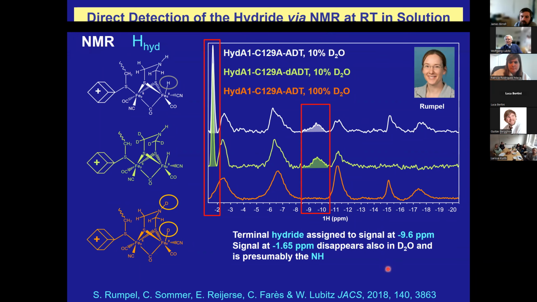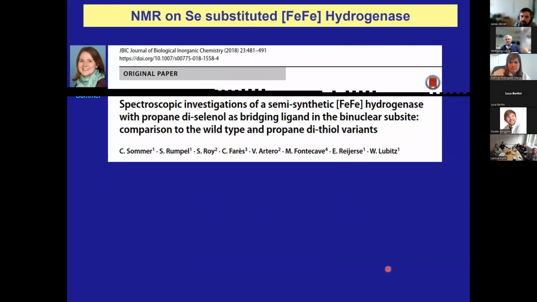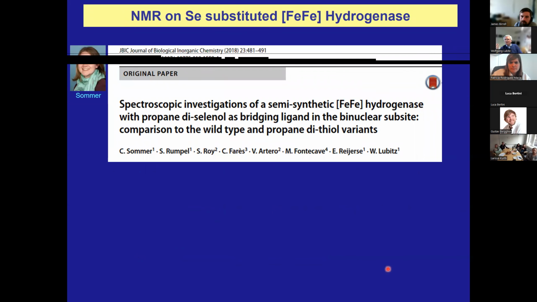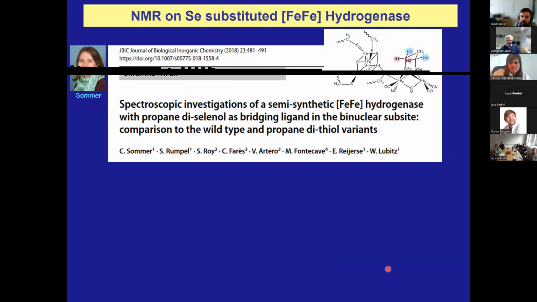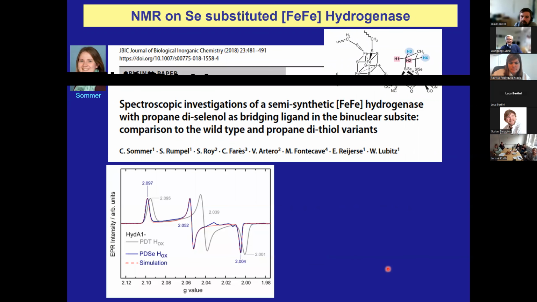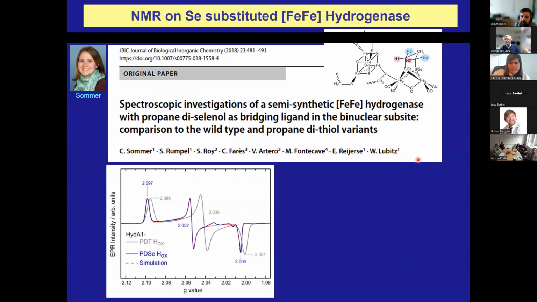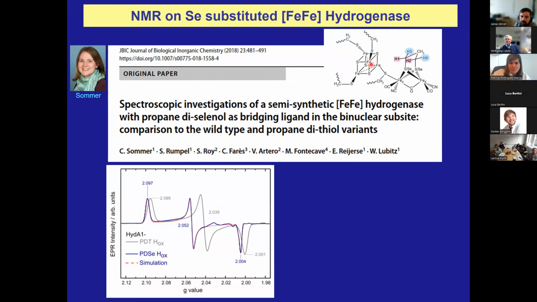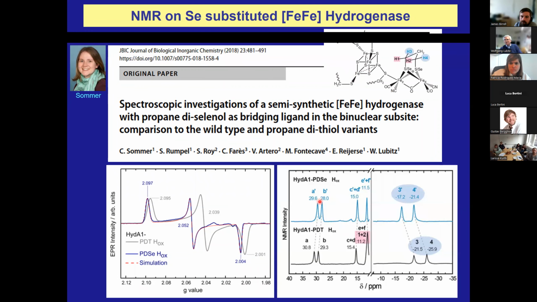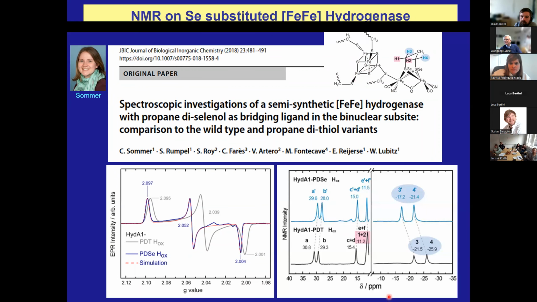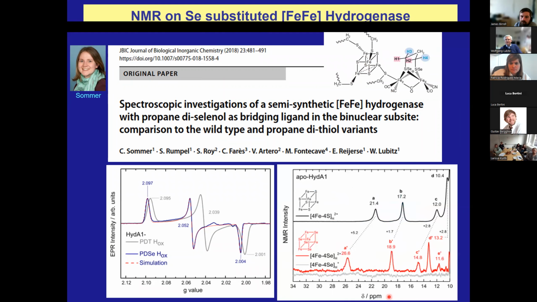So this is a beautiful technique, and we have used that with Constanze Sommer for various purposes, for just analytical purposes, like the selenium labeled system, also the selenium labeled 4-iron-4-sulfur cluster. And you see these are the NMR spectra. So that is possible, one can do that.